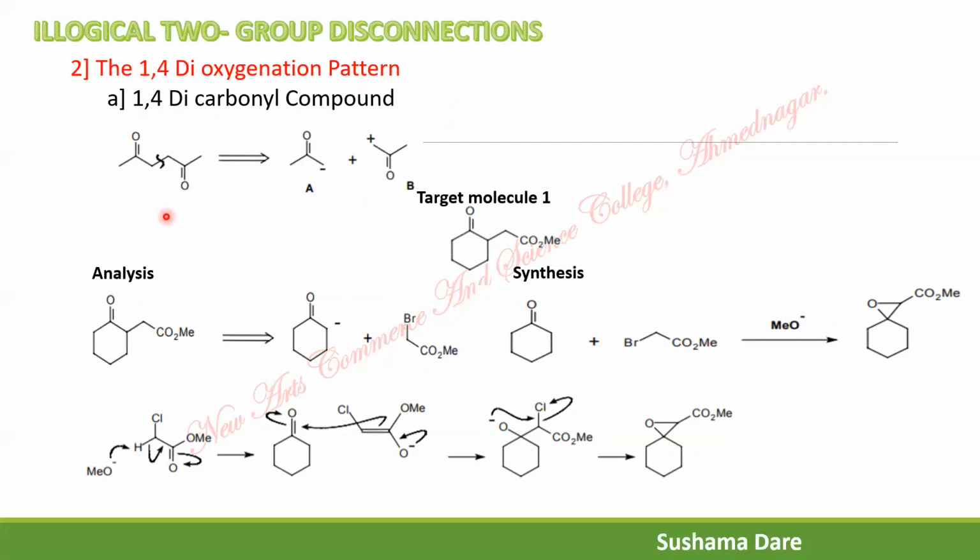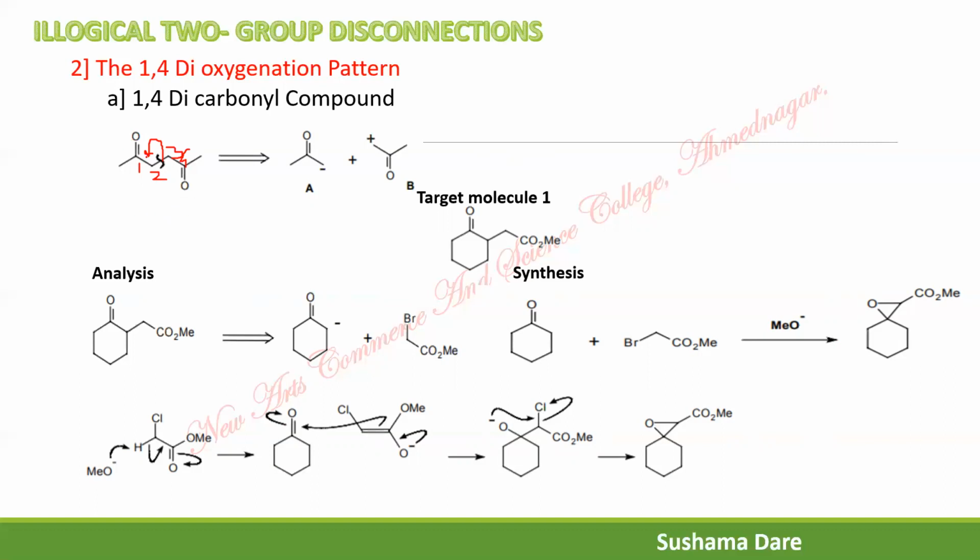Now, whenever you have a 1,4 dicarbonyl compound, you number it from any of the carbonyl groups and you always have to disconnect the 2-3 bond. So this is 3, 4. You have to disconnect the 2-3 bond in any direction, as in this case it is symmetric.